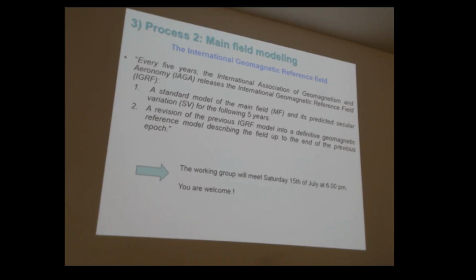So it's meeting every 5 years. You have a standard model for the main field and the prediction for the secular variation, and it's providing a revision. So this one is a new international geomagnetic reference field that is a kind of consensus. The counterpart is that it's released every 5 years.